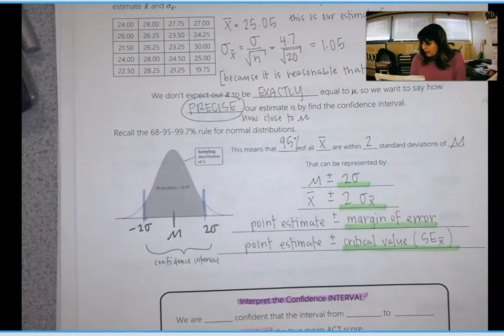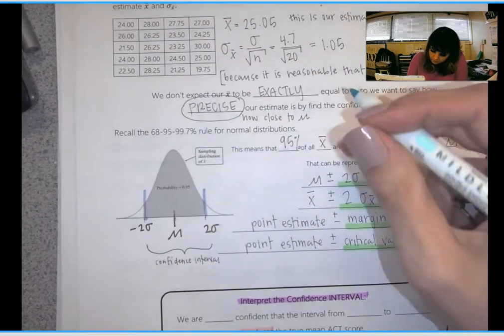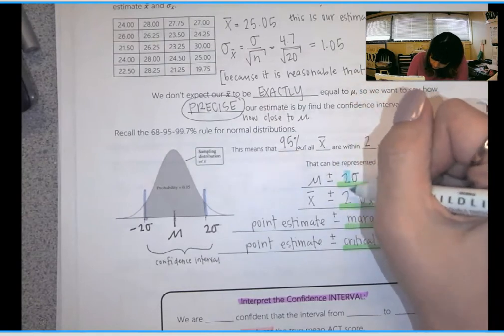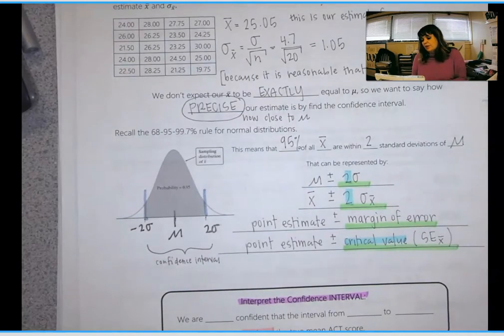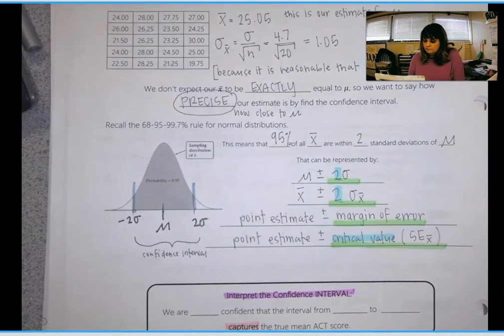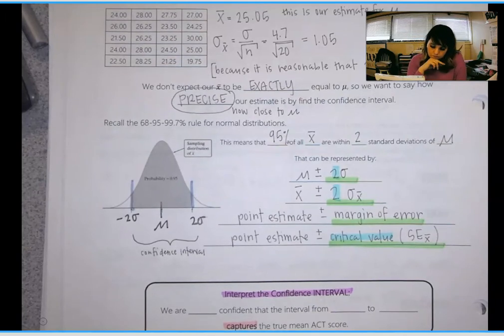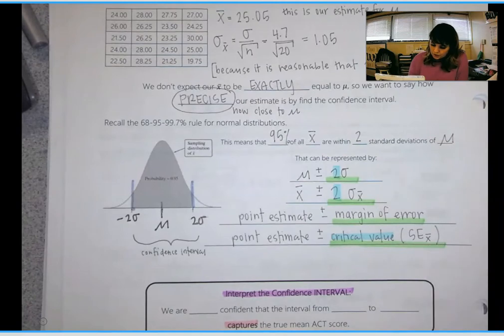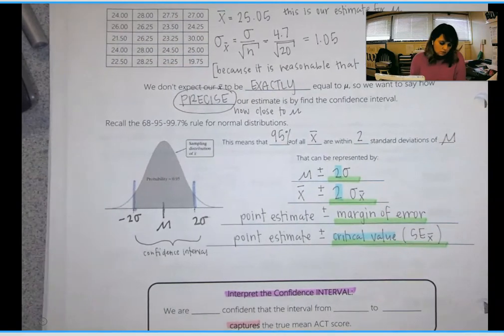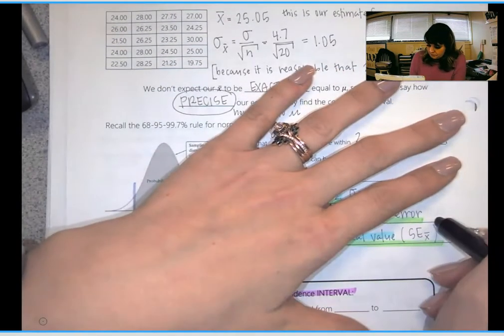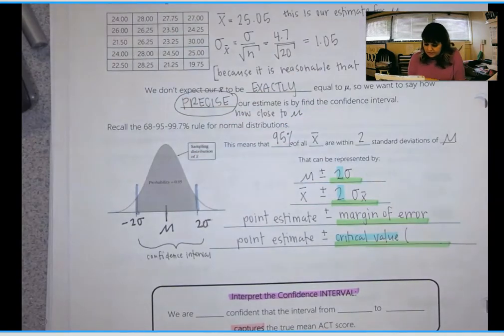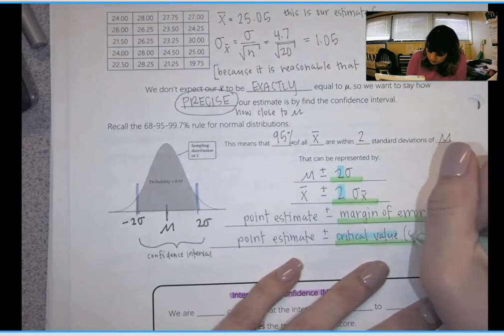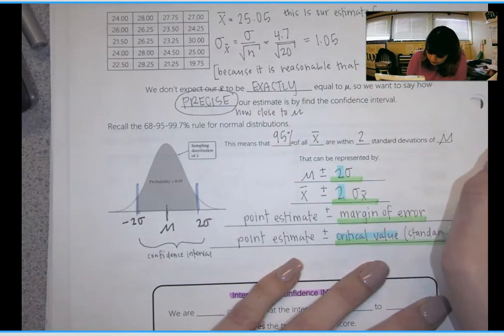So I will highlight that. I think for this one, maybe we should write standard error instead of the abbreviation.